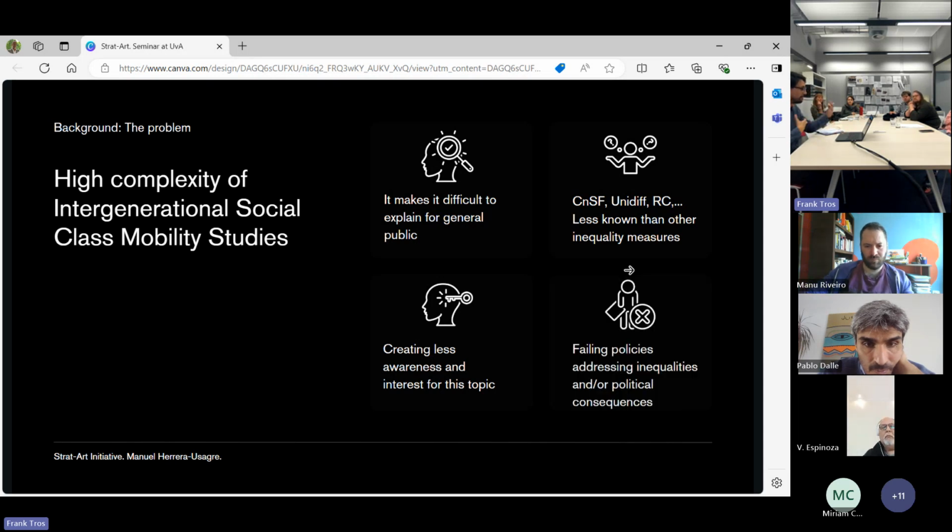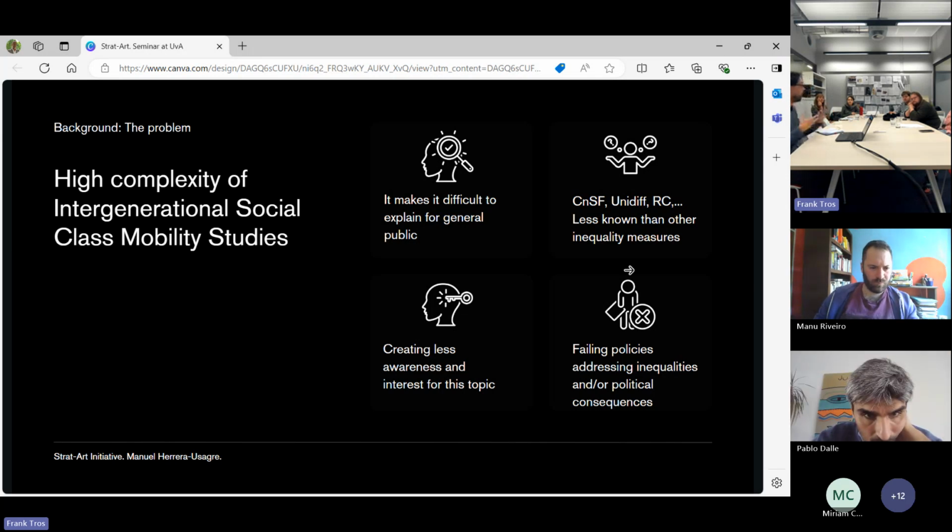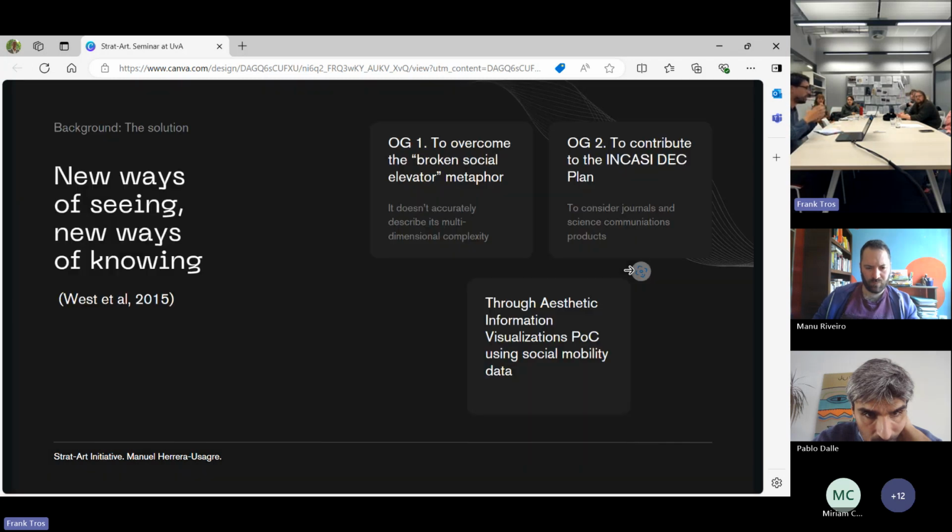That can lead to failing policies that are addressing inequality of opportunities, such as educational inequalities, and can also lead to political consequences because people don't have evidence-based information about this topic. So how do we want to address this? As West et al. mentioned, we need to find new ways of seeing and new ways of knowing with information visualization.